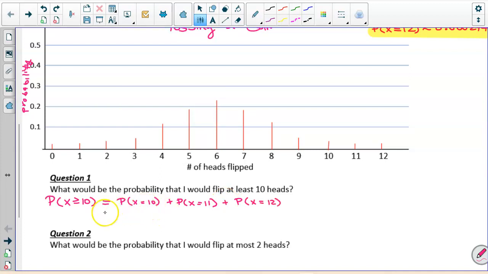So that's going to be 0.0161 plus 0.00292 plus 0.000244.